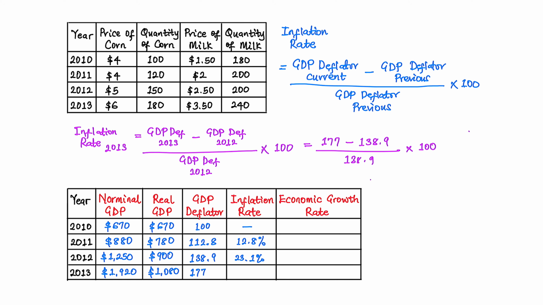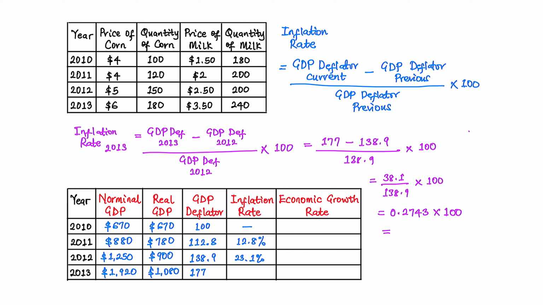So simplifying, we have equals 177 minus 138.9, that's 38.1, divided by 138.9 times 100. So that equals 0.2743 times 100.